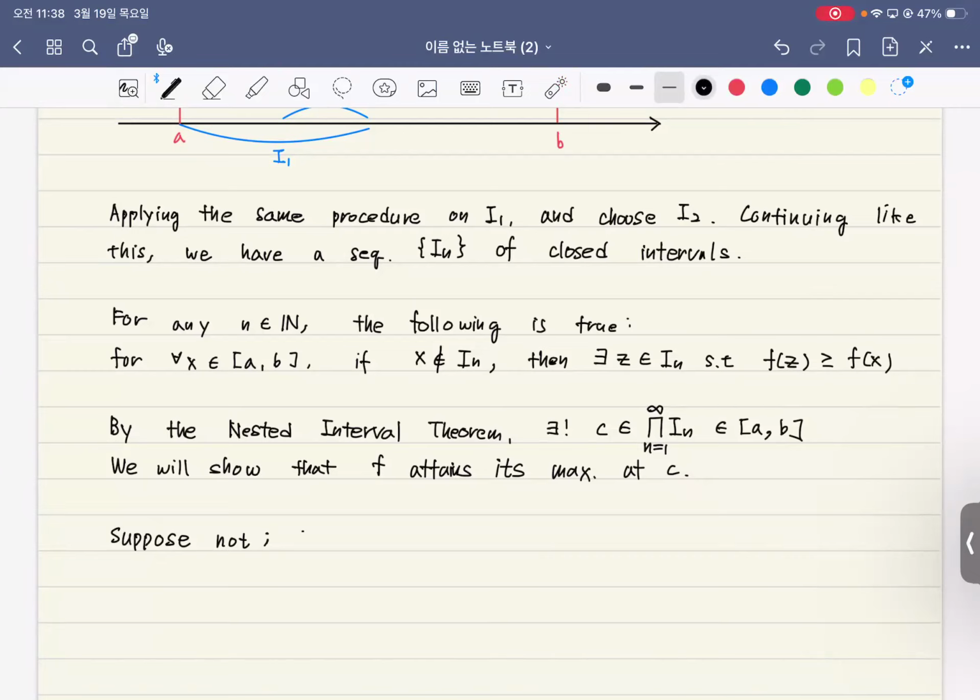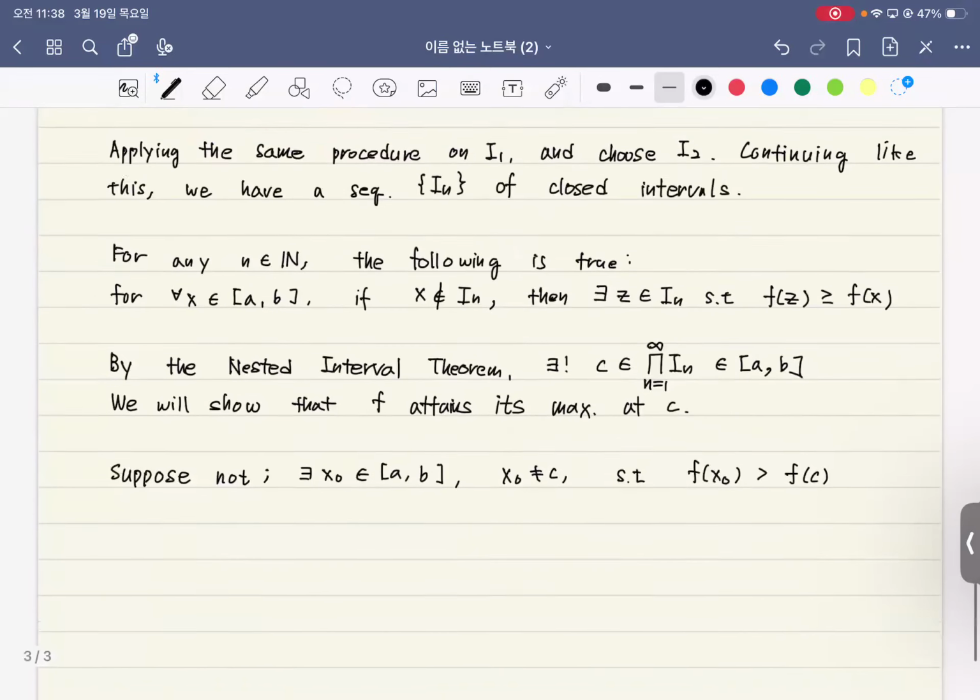Then you can find another point other than C such that f of x0 is greater than f of C, right? If C were not the maximum, then you can find such a point x0. Now, I'm going to derive a contradiction.